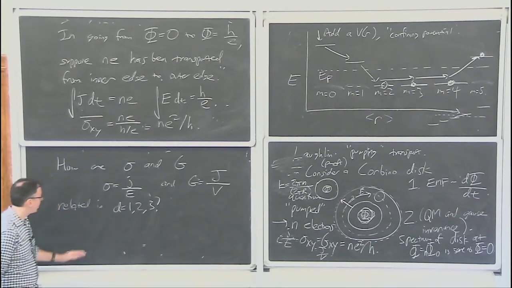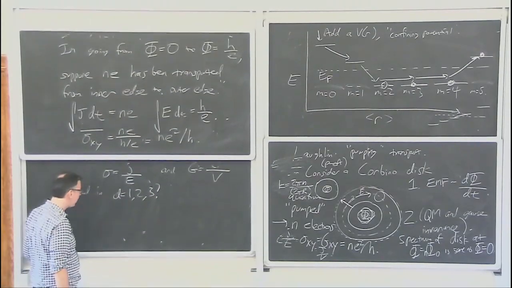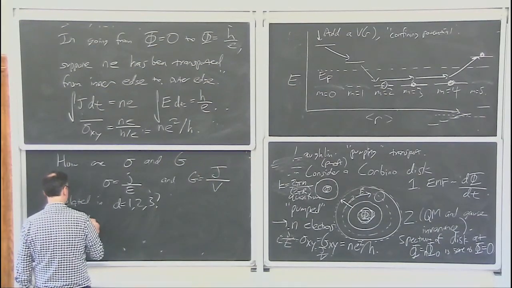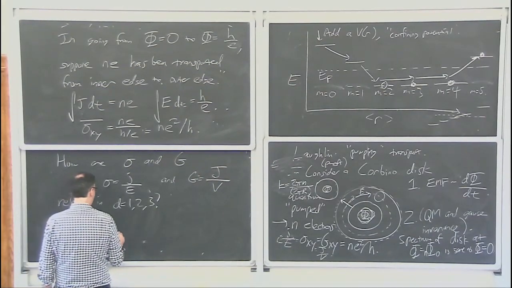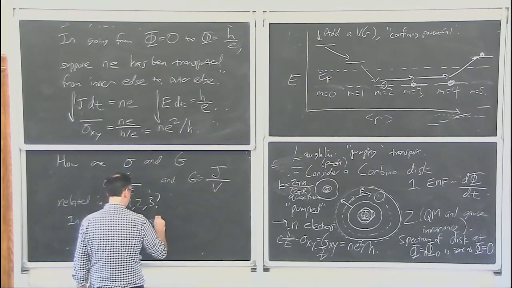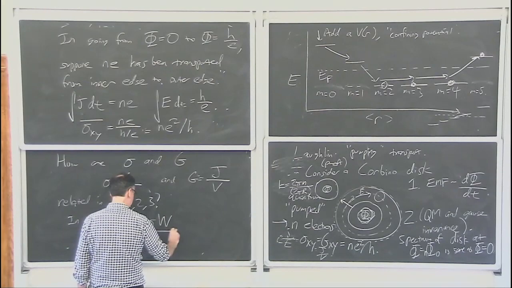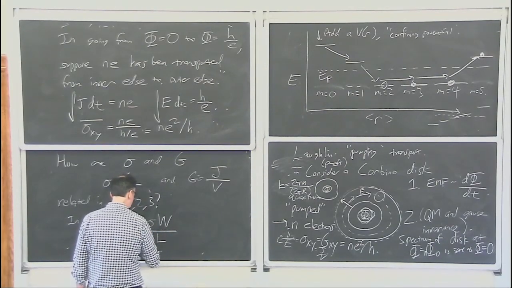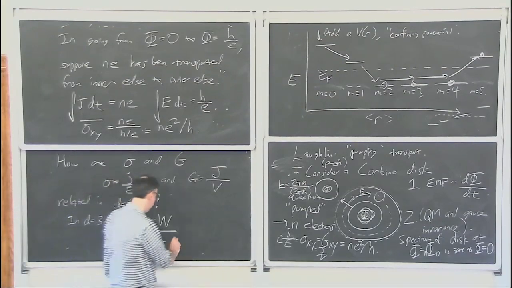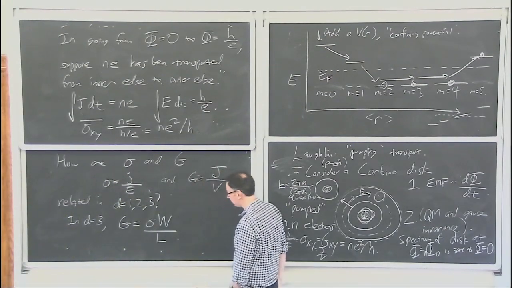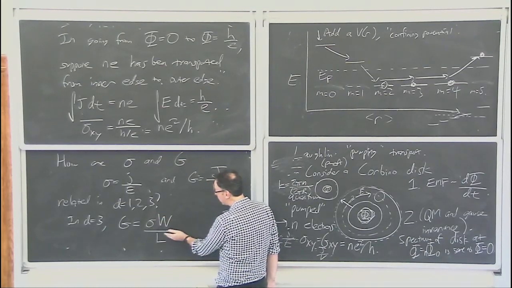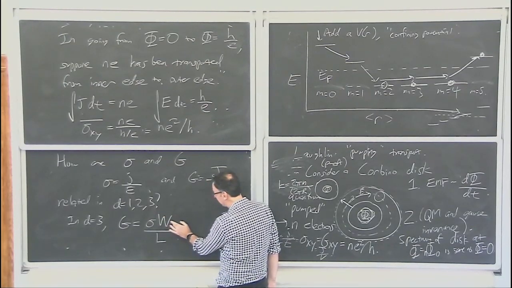Okay, so you probably know that in 3D, for example, these don't even have the same units. We would say that the conductance is like sigma times the width of a sample divided by the length. In 1D, the conductance would just be sigma divided by the length. And in 2D, well, now the width is just something with units of length.